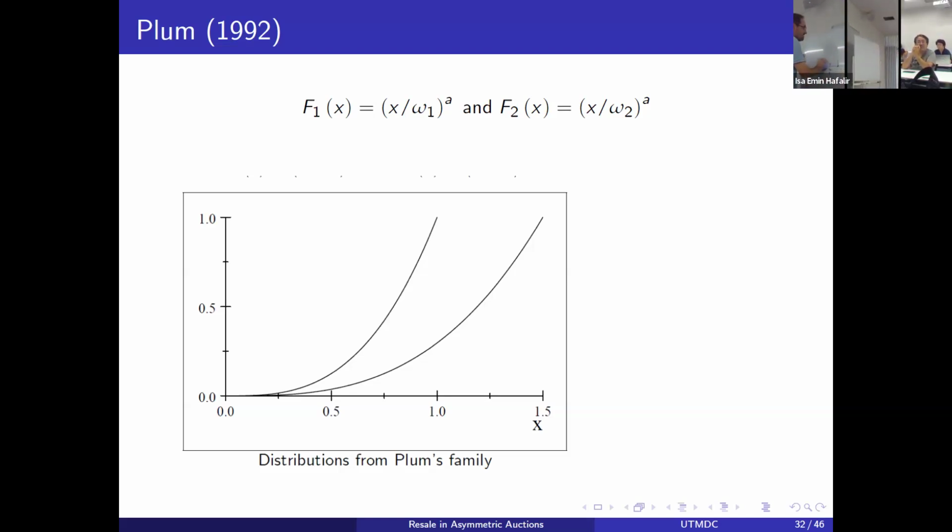VJ's book has a characterization of it. I was hoping to show it on Monday, but I didn't have time. So once you have 2 uniform distributions ending at W2 and W1, then you can actually, in closed form, solve the equilibrium bid functions and equilibrium inverse bid functions.